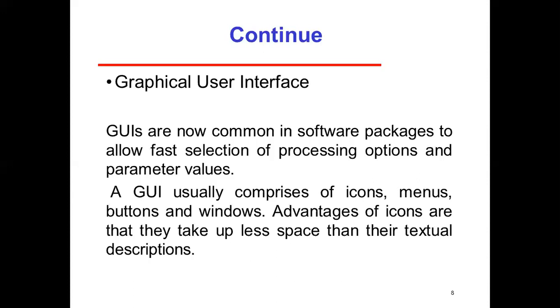So GUIs are now common in software packages to allow fast selection of the processing. A GUI usually comprises icons, menus, buttons, and windows, etc. And there are various advantages of icons, so that as we click, we get the response. So no need to describe in the form of text.